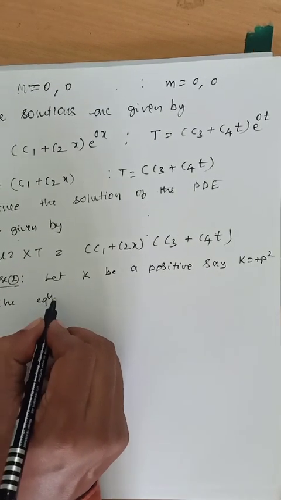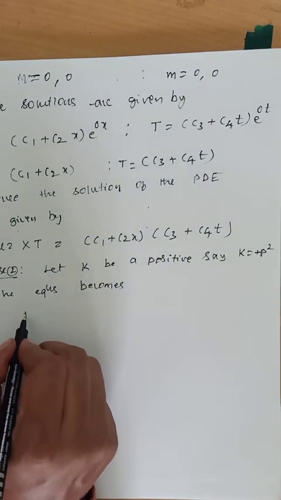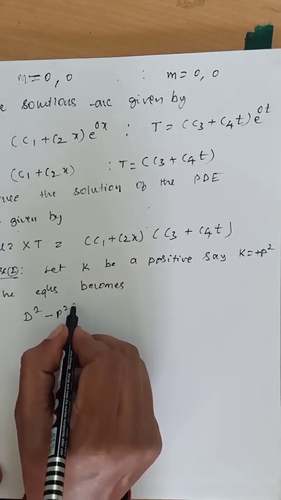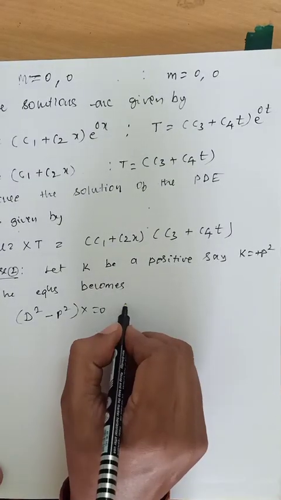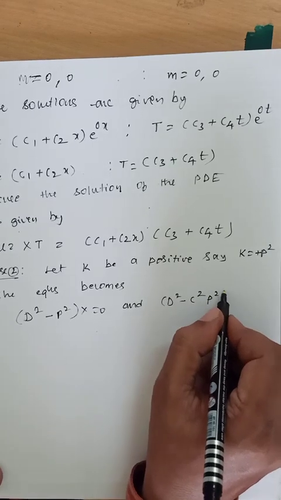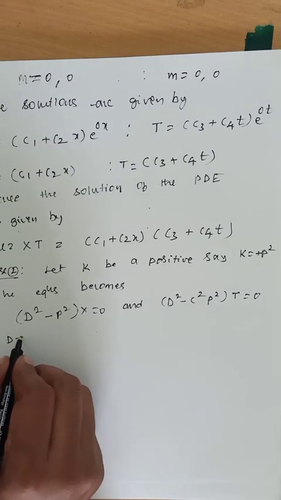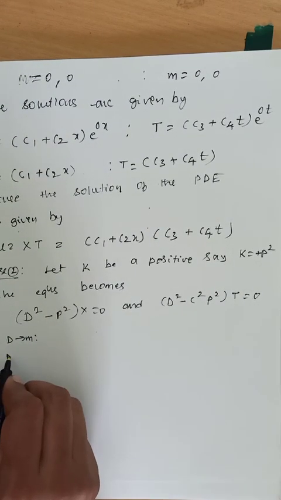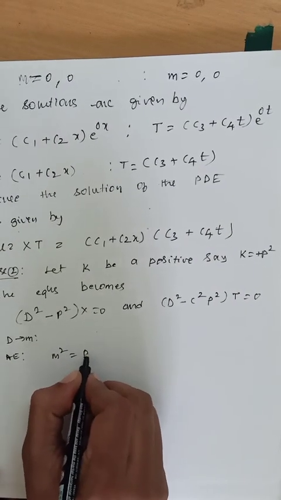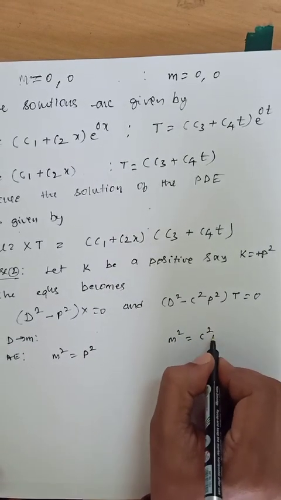The equations become (d square minus p square) x equal to 0 and (d square minus c square p square) t equal to 0. Next, replace d by m, and you will get the auxiliary equation in the form m square equal to p square, and here m square equal to c square p square.